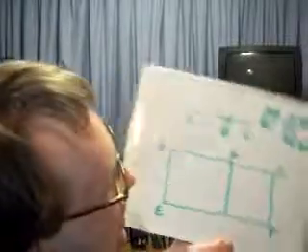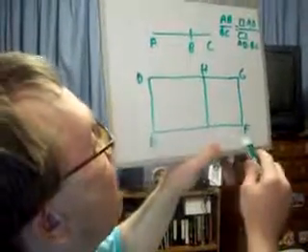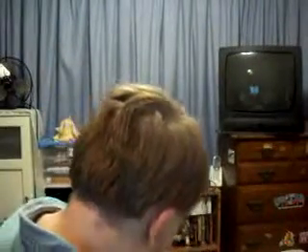So if we were to make a square out of that line, then the square area would be irrational.